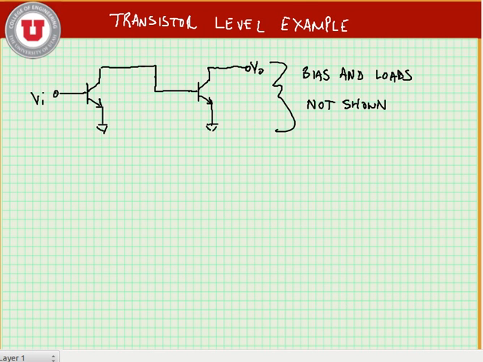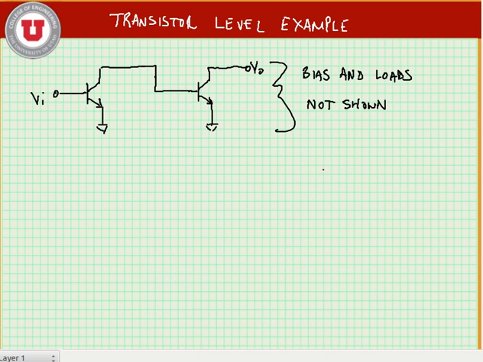Let's look at a transistor level example. So imagine that we have this particular transistor amplifier consisting of a couple of common source stages that are cascaded together. Note, we haven't shown any of the bias circuitry or loads for this particular example. We're assuming that the transistors are biased into the forward active region and that they are loaded appropriately.